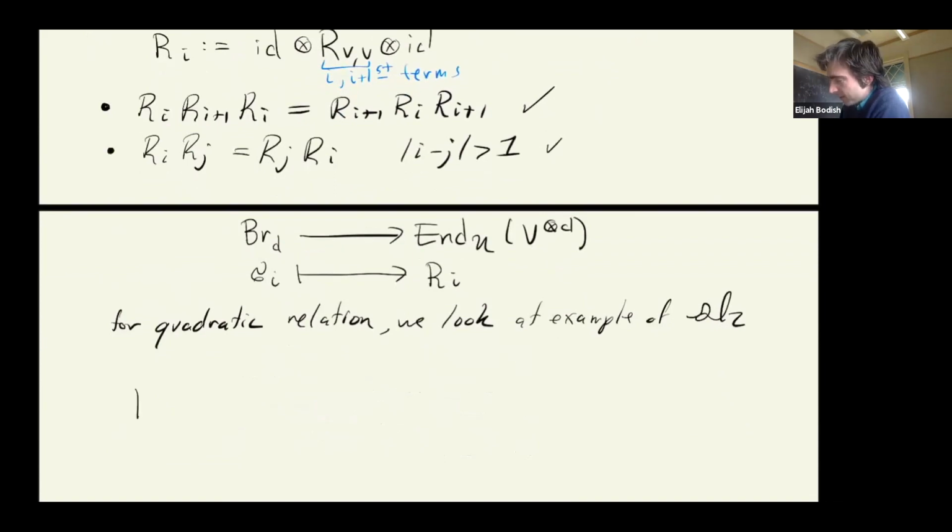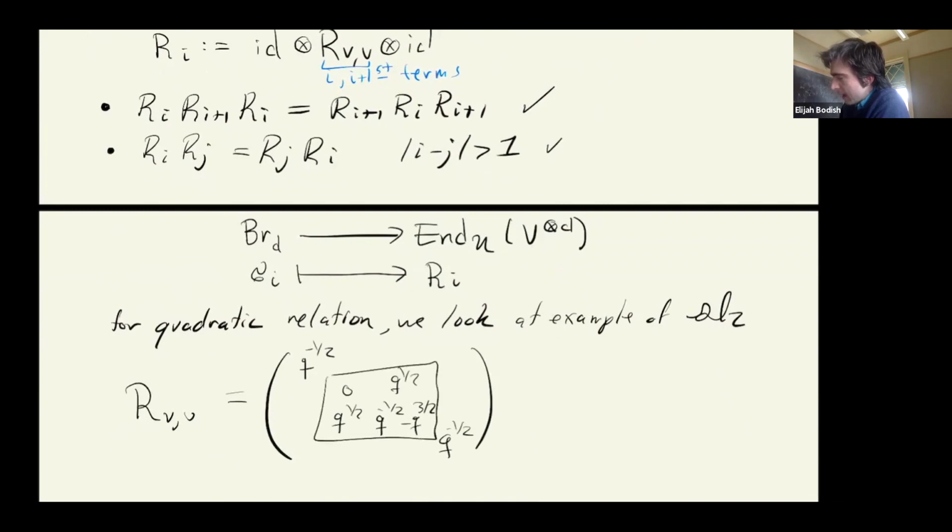So in this case, R_VV was a 4x4 matrix with q^(-1/2), 0, q^(1/2), q^(-1/2) minus q^(3/2), q^(1/2), and q^(-1/2). So this is a 2x2 block in the middle, and then I have q^(-1/2) at the 1,1 and 4,4 spots.